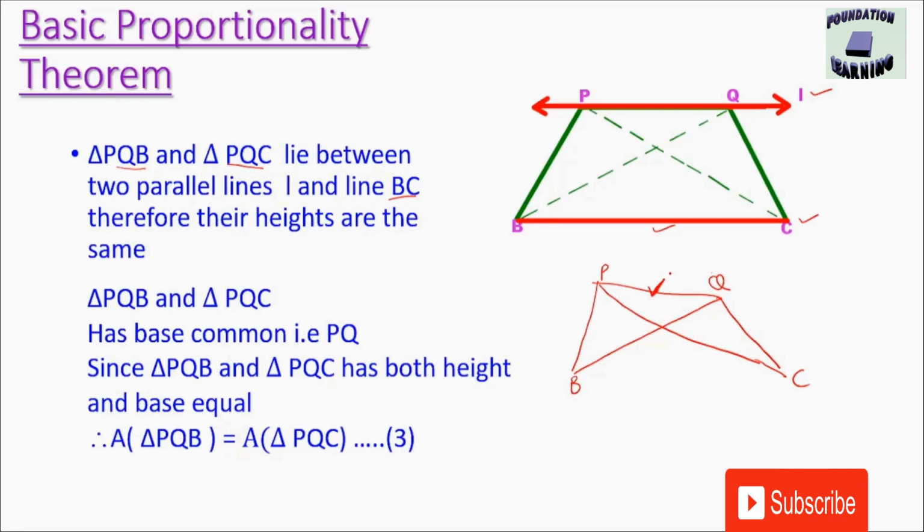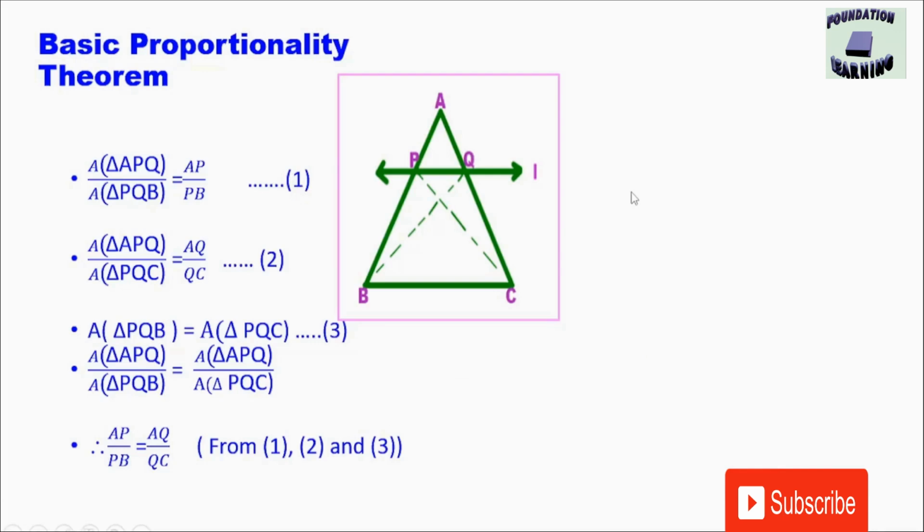The common base is PQ, right? So now the base is also the same, and the height is also the same. Therefore these two triangles, triangle PQB and PQC, are equal. So we got the third point. The first two points we have got, and now we have got the third point. We have got equation 1, equation 2 and equation 3. Now we will try to correlate all of them in order to prove the theorem.